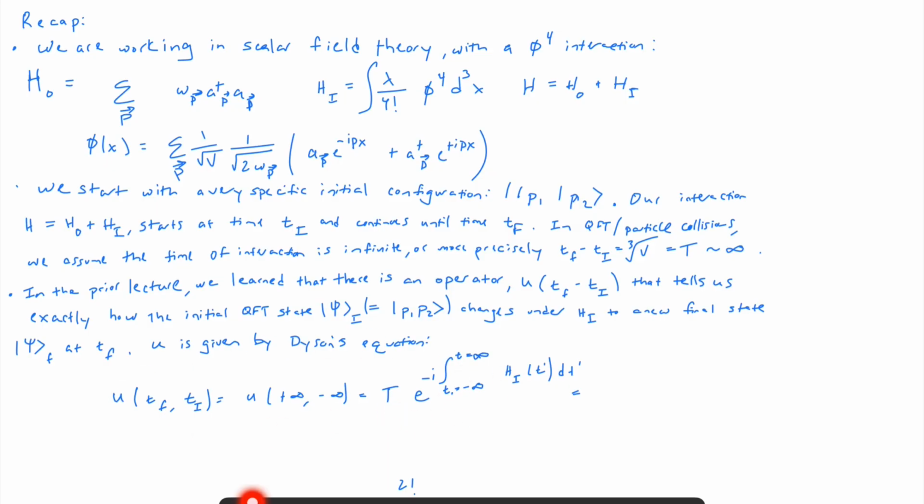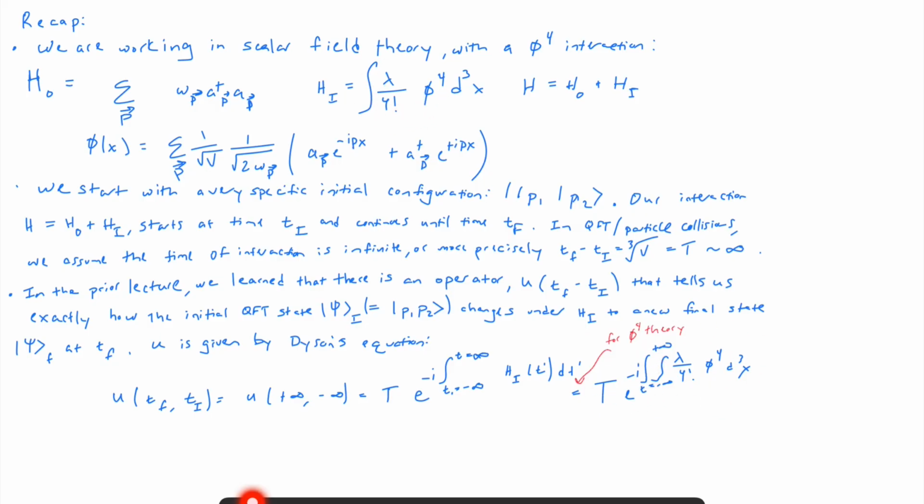This is Dyson's equation. For phi-4 theory, we simply plug in our H sub I here, and that's what we get over here. Remember, H sub I is evaluated at a specific time, and our Hamiltonian density is this, which we integrated over space, and that's why we get this.